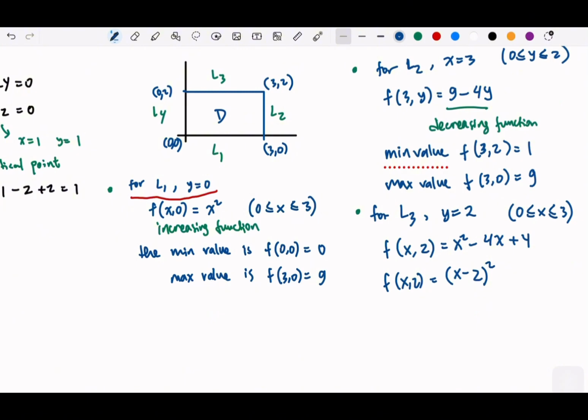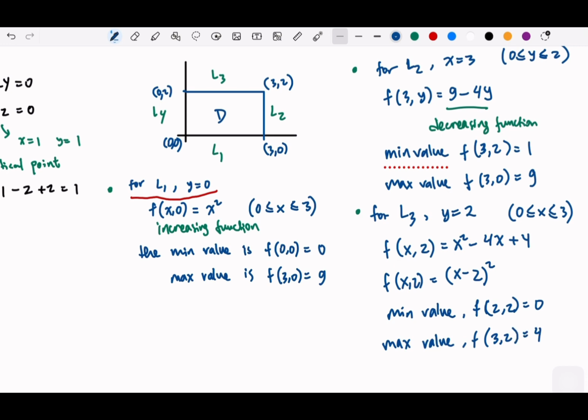We can see that the minimum value is when x equals 2, which is 0. The max value is at the endpoint.